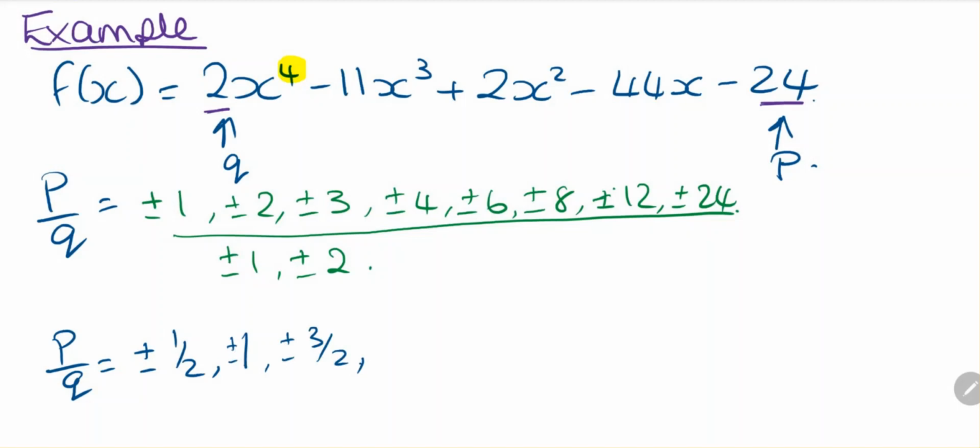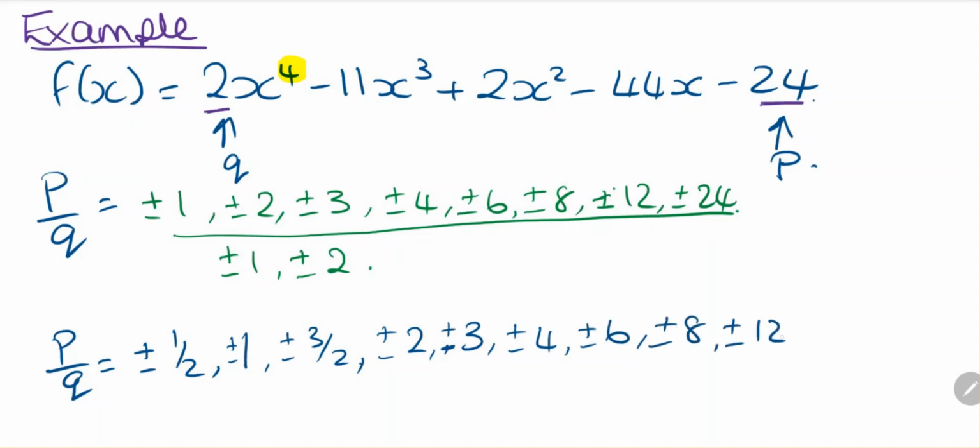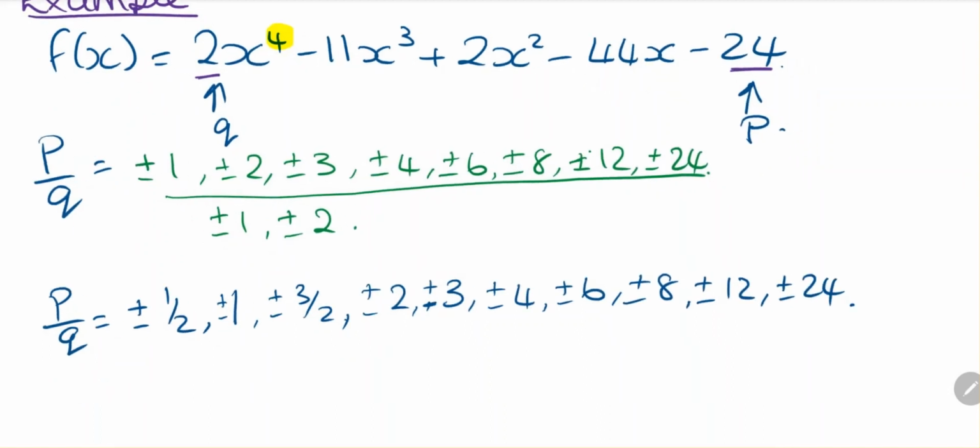So 2 divided by 1, we've got plus or minus 2. So we've got plus or minus 3, 4, 6, 8, 12, and 24. So these are our possible answers.